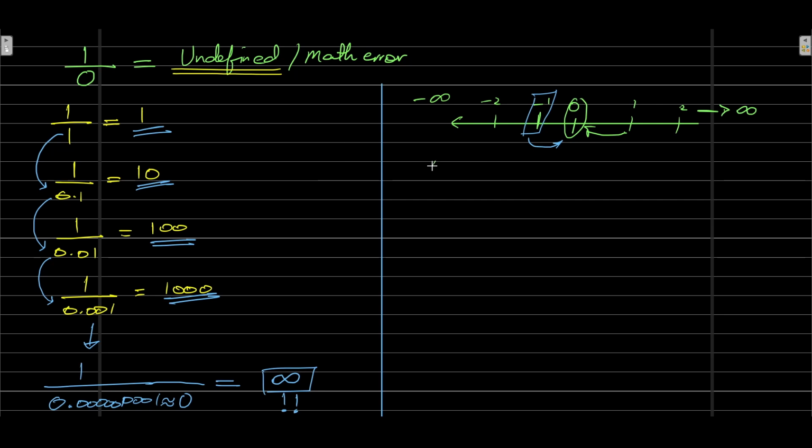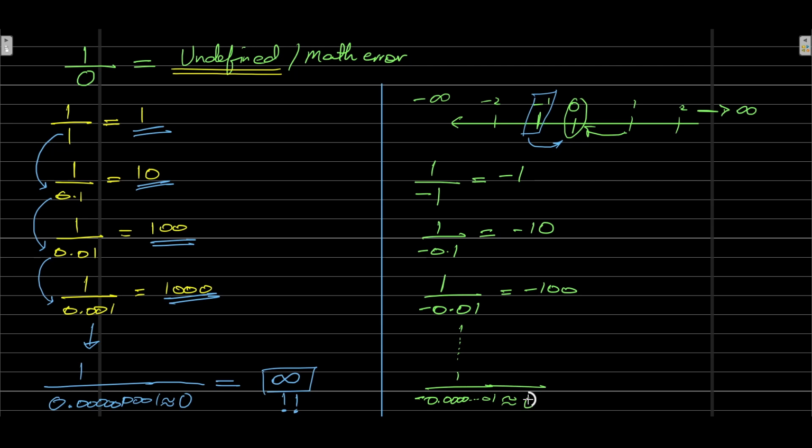1 divided by minus 1 will give me minus 1. 1 divided by minus 0.1 will give me negative 10. 1 divided by minus 0.01 will give you minus 100. Likewise, if I move on the same way, 1 divided by minus 0.0000 with many zeros and a 1 will ultimately be 0.